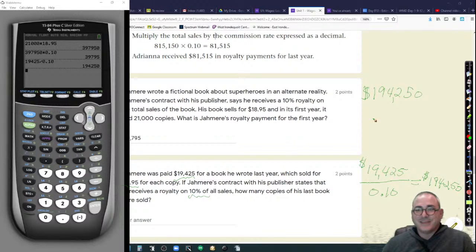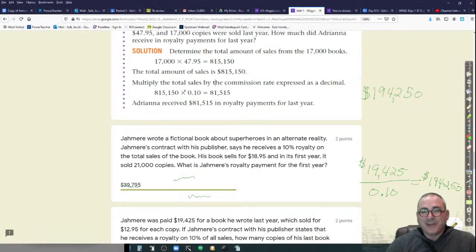Notice how before we found total sales by multiplying the number of books sold by how much each book cost. Now this time we're going to undo that multiplication by division, just like we undid the last multiplication by division. We're going to undo it by dividing by what? Dividing by the cost of each book, right?